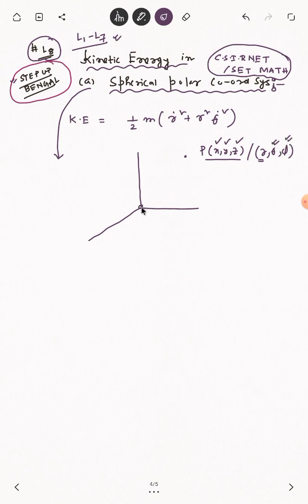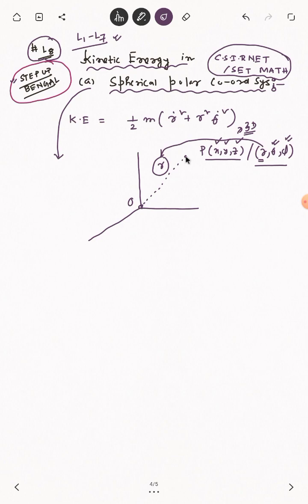So starting from the origin, we would like to go to P using not xyz in the conventional Cartesian three-dimensional system, but these three. First of all, we join O to P, that is r. This first quantity r is thus defined.